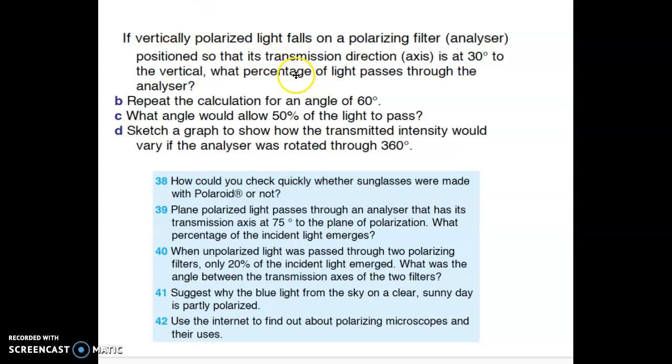So we would work that out as cosine 30 squared. So if you work out cosine of 30 squared, that gives you 0.75, which will lead to a percentage of 75%. Or you can leave it as a ratio, 0.75. That's fine. Okay, try some questions today and check your answers.